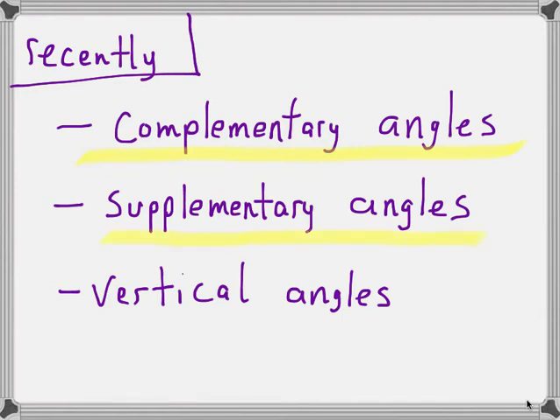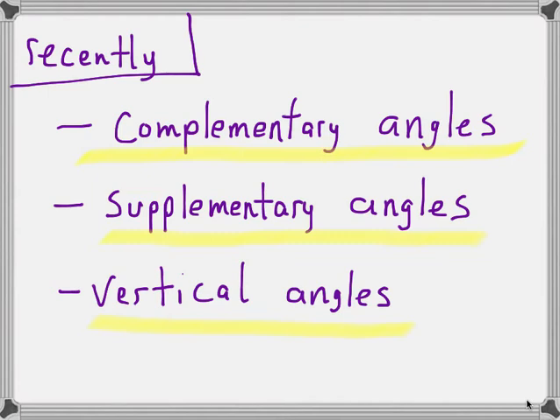Supplementary is when you've got two angles that add up to be 180. And then lastly, you've got vertical angles. You want to understand that definition. When you've got two intersecting lines, vertical angles are angles that are directly across from that intersection point, and they are congruent.